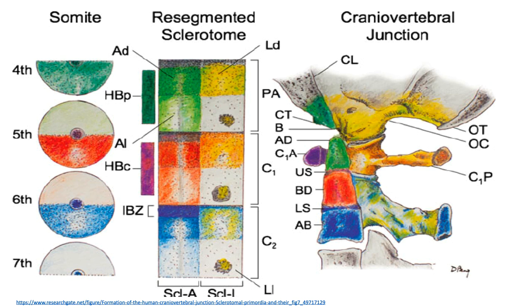This lower aspect is going to fuse with the upper aspect of the next one, and the lower aspect of the red is going to fuse with the upper aspect of the 6, and then the lower aspect of the 6 is going to fuse with the upper aspect of the 7. That is why in the resegmentation the darker colors are more above than below, so they've changed their position.